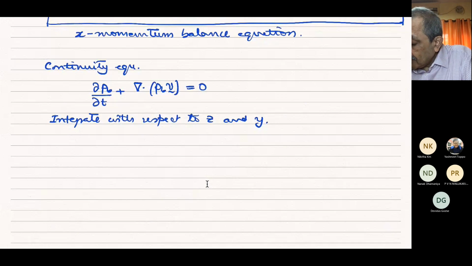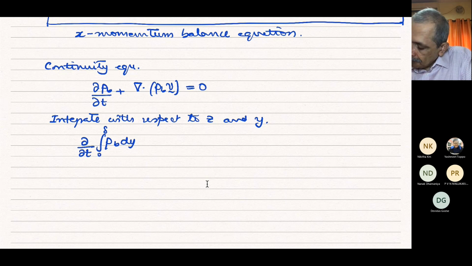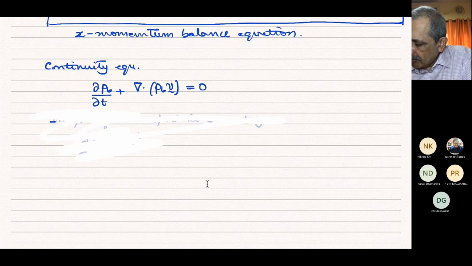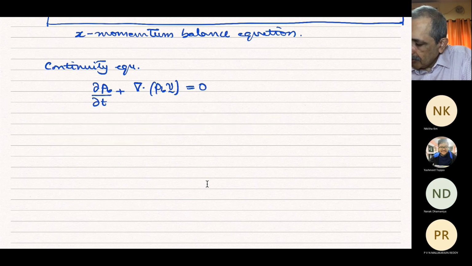We'll get exactly the same thing back. And when you do with respect to y, then you'll get del by del t integral rho b dy from 0 to delta plus, okay, now this we must open out. Before I do the integral, let me just open this out and put it in scalar form so I can do the integral.